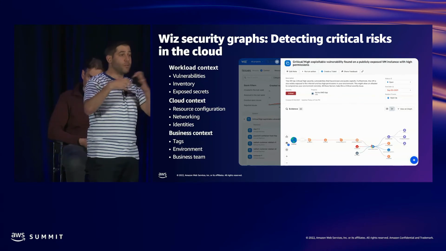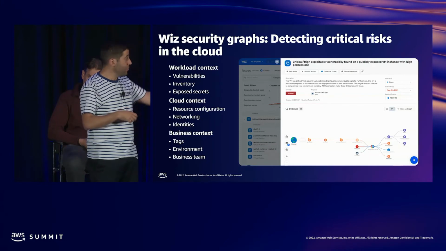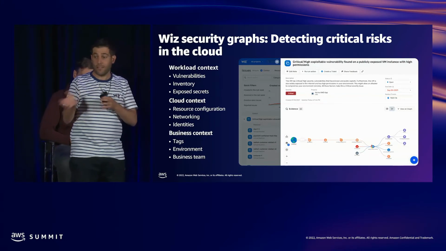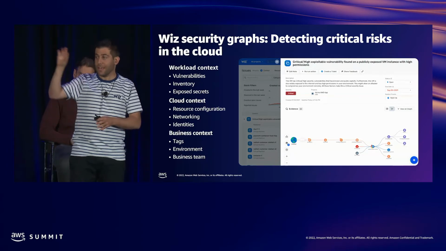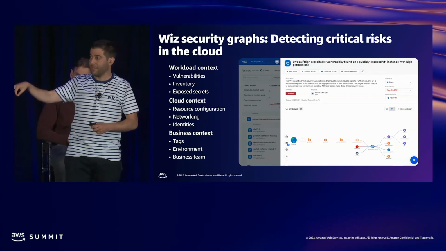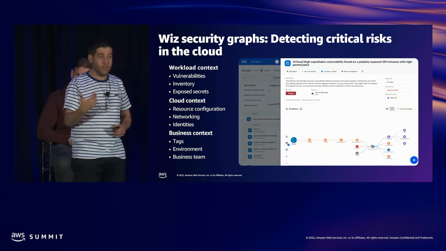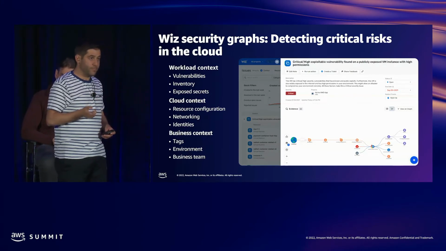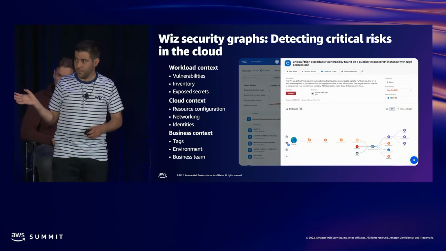I'm correlating multiple graphs, and I'm even showing the customers, eventually this runs on the graph, they see the graph, right? And it's customizable for them, and they can immediately get these kinds of insights, right? And eventually that's what you want, as a security team, also as a dev team, to know what you have to focus on. Any questions so far?